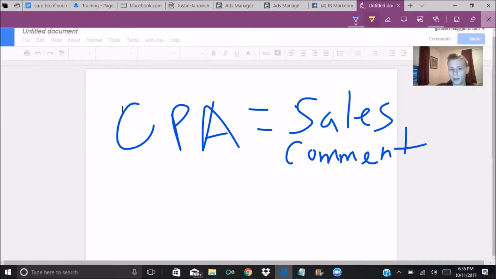So now that you kind of understand what CPA equals, cost per acquisition is determining whether your sale cost you this much, or a comment cost you this much, or to actually talk to a lead, a living person, it costs this much, right? To send your presentation or whatever to that person. These are the determining factors of whether we have a successful online business or not.